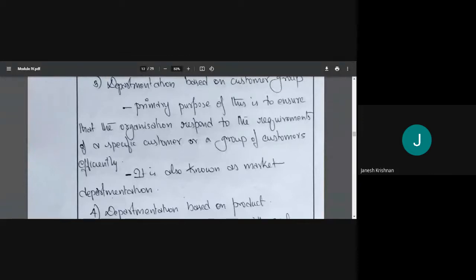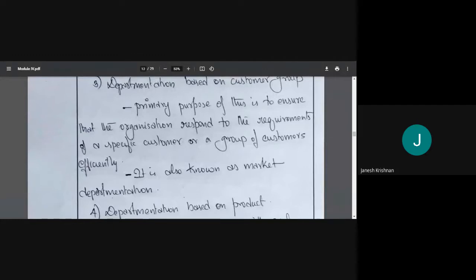So there will be an agriculture department, NRI department like that. What is the base there? That is based on customers. Because the customers are NRIs, they have a specialized branch for NRIs only. Most of the customers are from an agriculture background, so they have a department for agriculture purposes only. Like that, they have it based on the customer group. So this is also known as market departmentation.